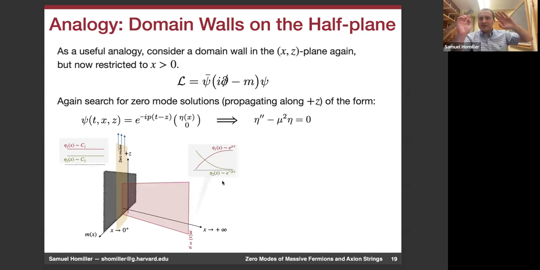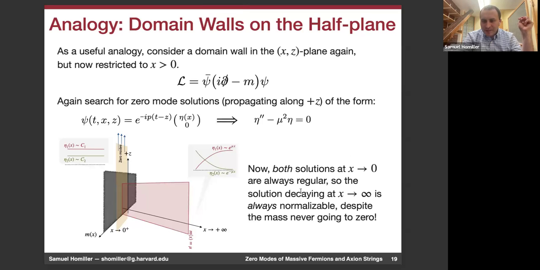It's almost trivial the way that things work out. If I look at these two regimes, for small values of x, there are two linearly independent solutions, but they're just two different constant values. It has to approach one of two different constants. At large values of x, I again have these exponential solutions, and I have to pick the one that falls off so that this thing is normalizable. But since both solutions at x goes to 0 are always regular, they're just constants, the solution decaying at infinity is always normalizable.